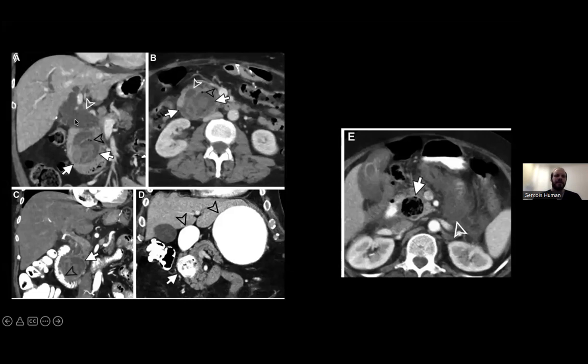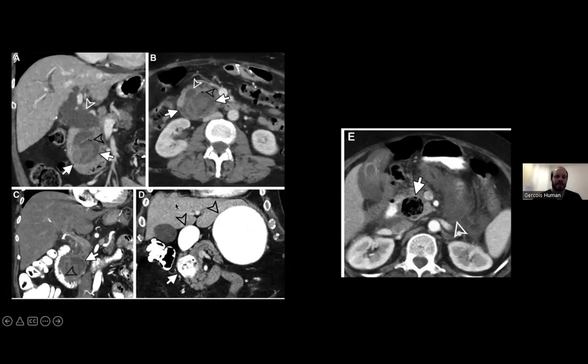You can see a massively dilated CBD due to obstruction by this diverticulum with heterogeneous content. And one can appreciate a trace of gas within the lesion, and that's the giveaway of it communicating with the duodenum.